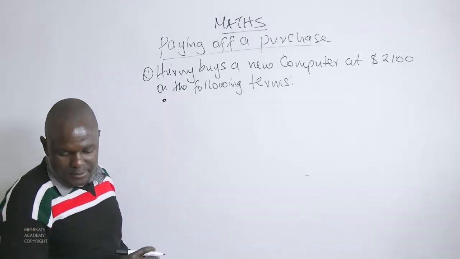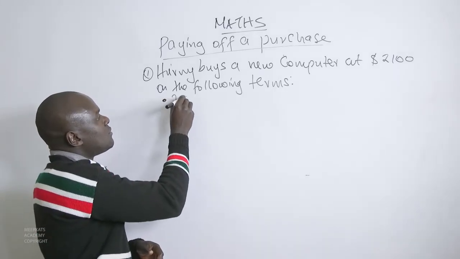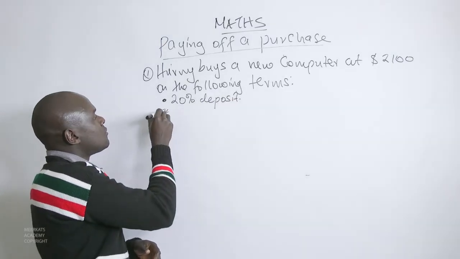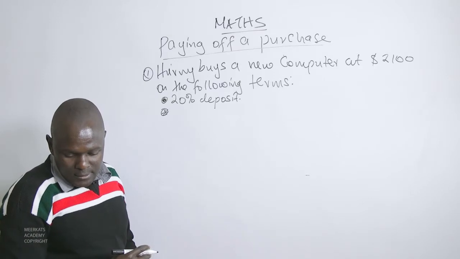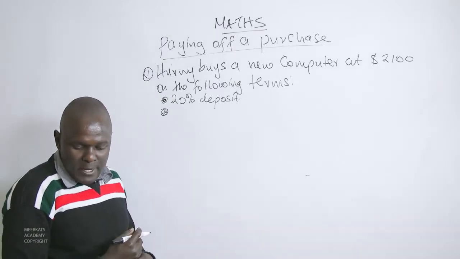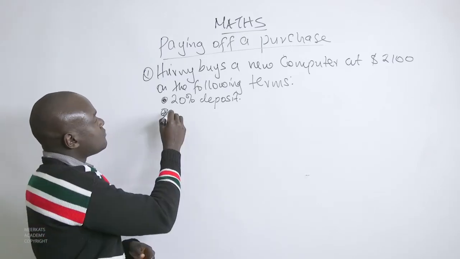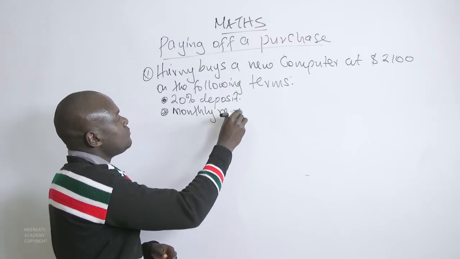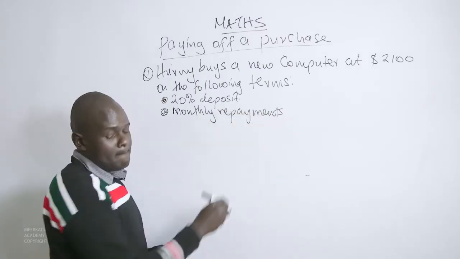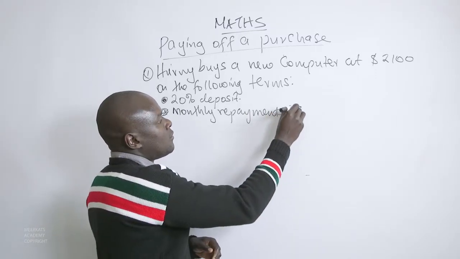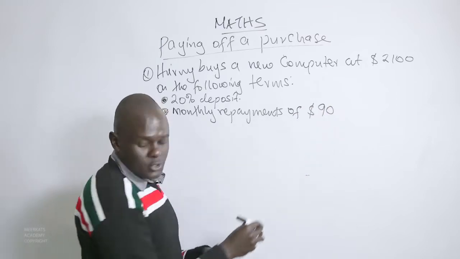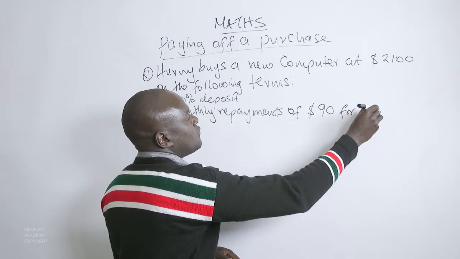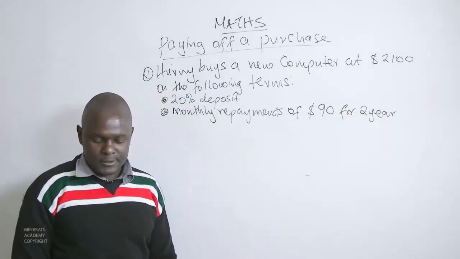The first term, Harry is supposed to make a 20% deposit. And the second condition is that this should be followed by monthly repayments of $90 each for 2 years.